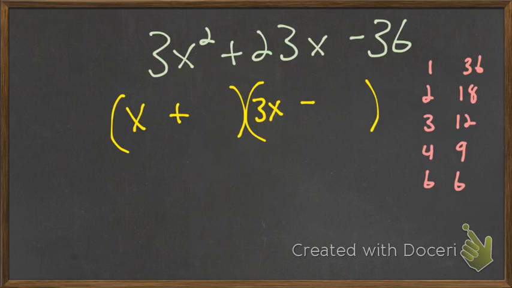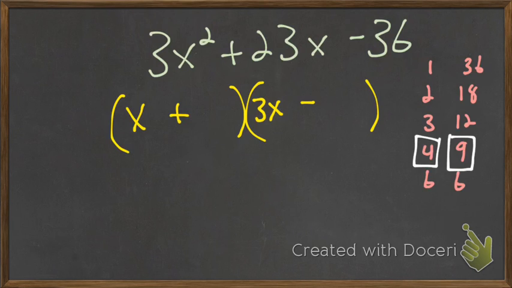I can go through and do them in my head here. 3 times 12 is 36, minus 3 is 33. 3 times 3 is 9, minus 12 is a negative 3, not what we're looking for. But 3 times 9 is 27, minus 4 would give me 23.